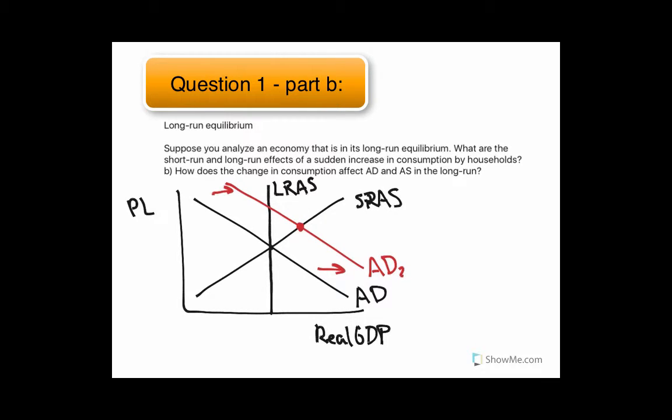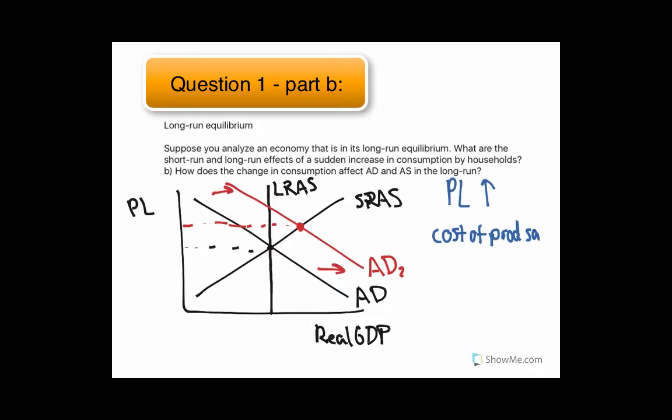Okay, so we saw that there's a short-run shift in aggregate demand, and if you'll notice, what that does is increase the price level. So the price level goes up. We say though in the short run, as I mentioned, that the costs of production do not change.